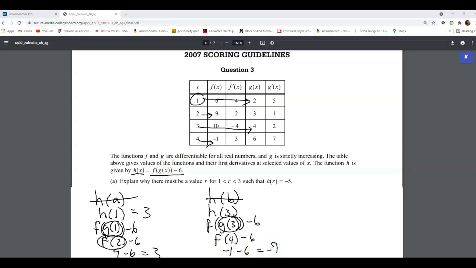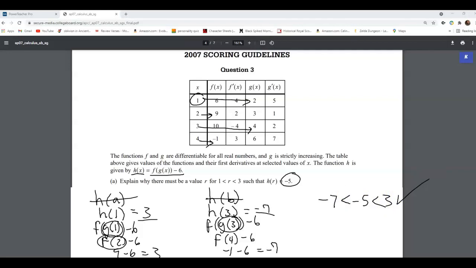So, after we find h of 1 and h of 3, we next have to make sure that my k value is in between these two values. Yes, it is true. -7 and 3, -5 is in between those two values. So that checks out.